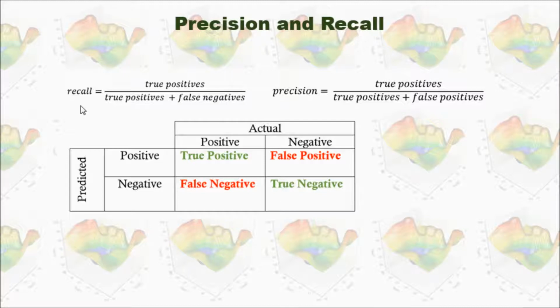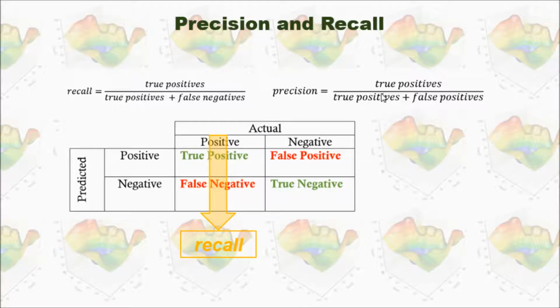So recall is defined like this: the true positives divided by true positives plus false negatives. So in this graph, we consider actual positive, so it is in this column. How about precision?